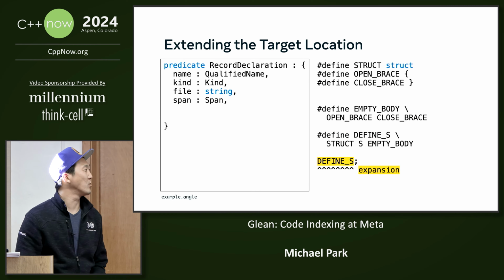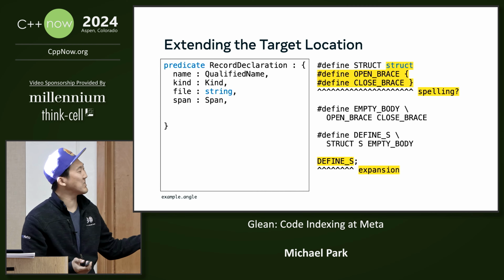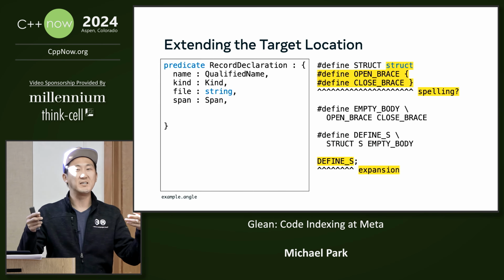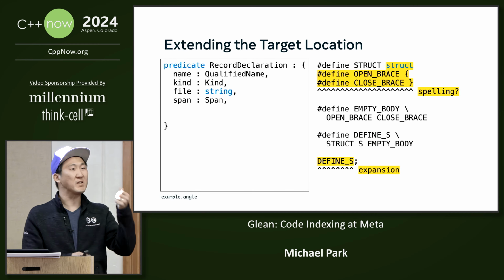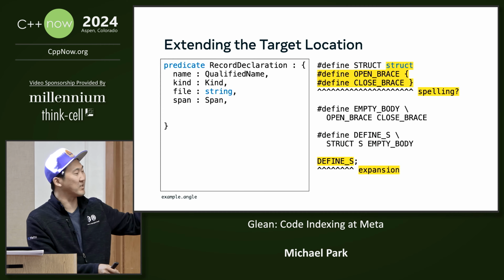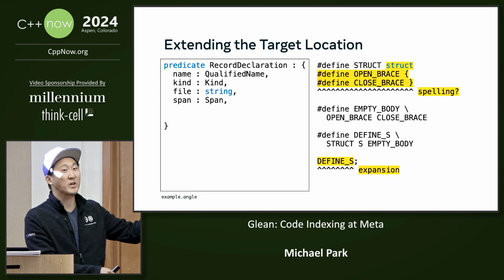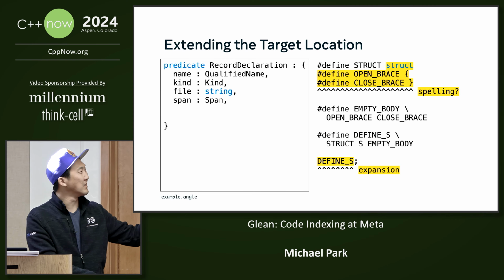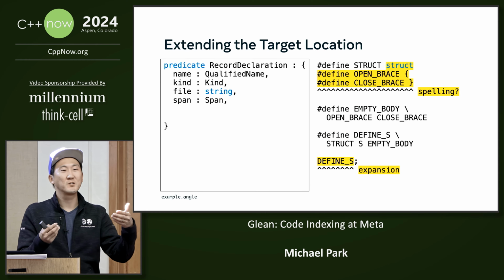So what the heck is the spelling location? Because if I take the AST, get the begin of the range, and ask it to give me the spelling location of that, it's going to give me the struct. And if I ask for the spelling location of the closing brace, it's going to correctly give me the spelling location of the closing brace. But I can't create a range out of those two results, right?